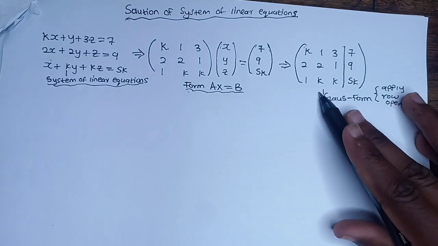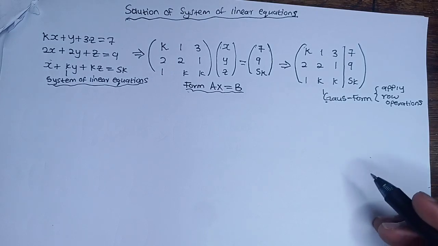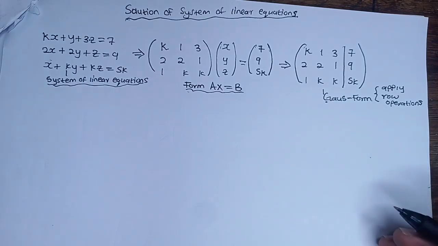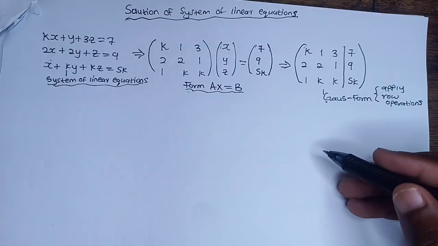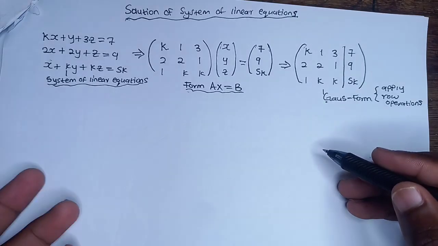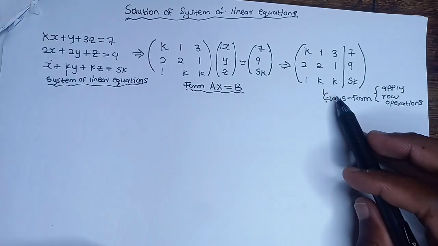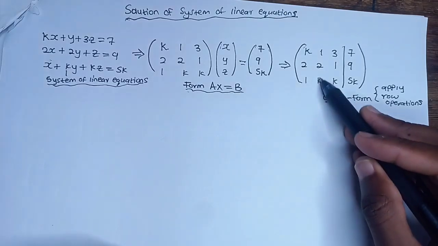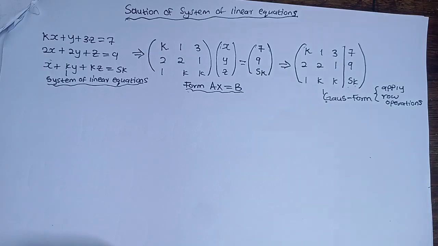We can reduce the matrix, so we'll be able to determine the values of k for which our solution will be unique, infinitely many, or no solution. But we'll have to make sure the last row we're left with is 0, 0, and something here, so we can determine if it is supported.